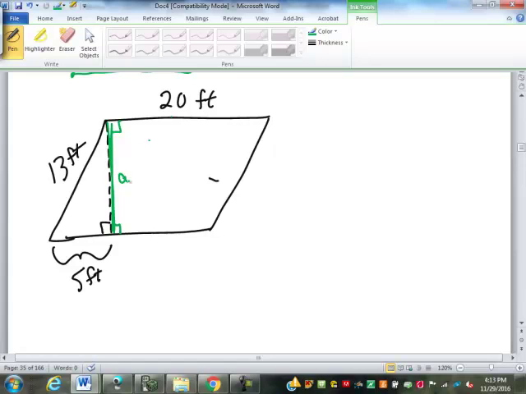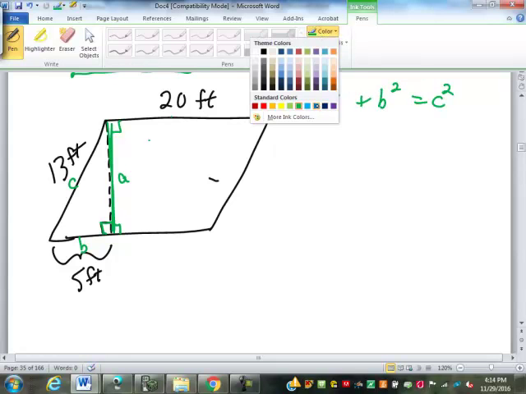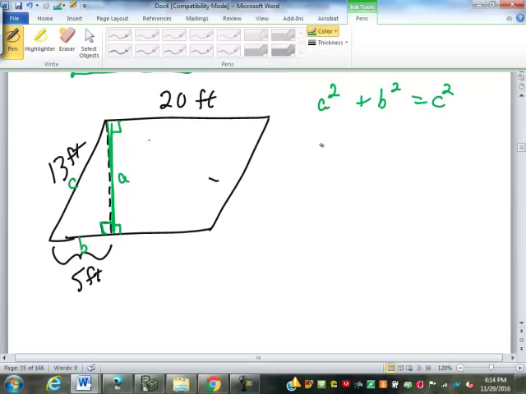Yes, if I call that A and this is B, those are two legs of a right triangle. 13 is the hypotenuse, that's C. So A squared plus B squared equals C squared. A is what we're looking for. B is 5 feet, so 5 squared equals C is 13, so 13 squared.